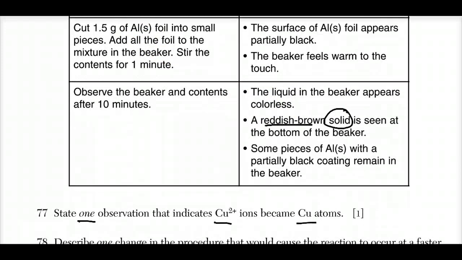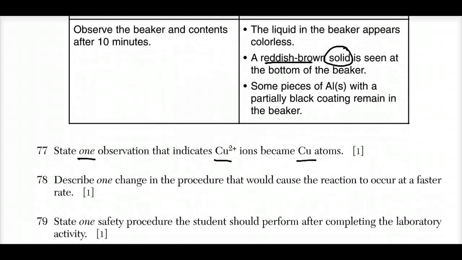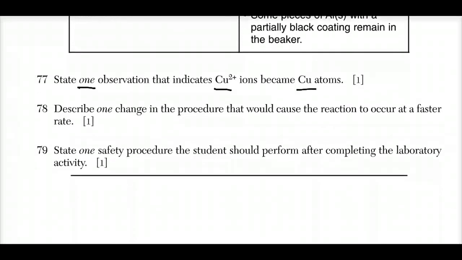All right, number 78. Describe one change in the procedure that would cause the reaction to occur at a faster rate. Here is our question. As you probably were waiting, we haven't seen a rate of reaction question yet, okay? So what's one change in the procedure that would cause the reaction to occur at a faster rate?